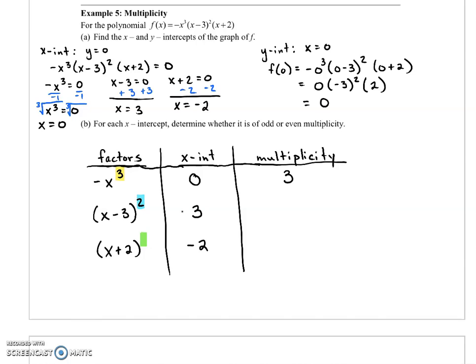Our x-intercept of 3 came from the factor x minus 3, which was squared, so it has a multiplicity of 2. And negative 2 came from the factor x plus 2, which didn't have an exponent, but remember, when there's not an exponent written, there's an invisible 1 up there. So its multiplicity is 1. So that's how we determine our multiplicities of roots.